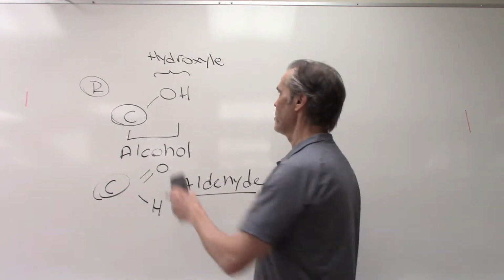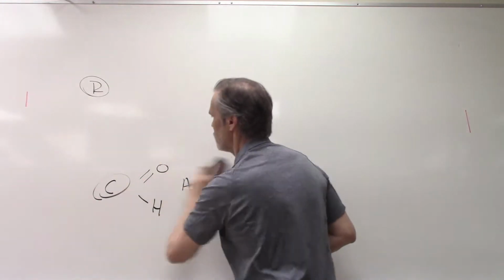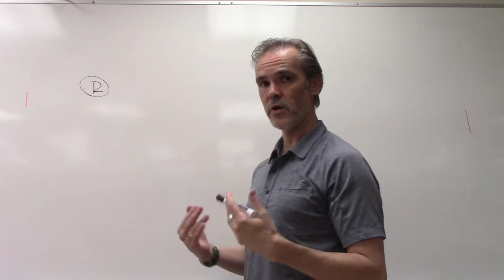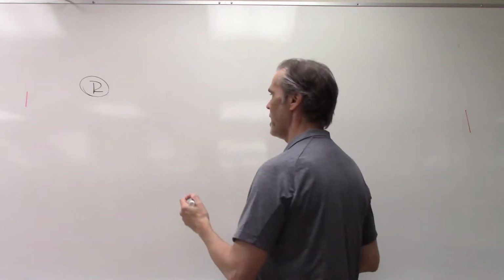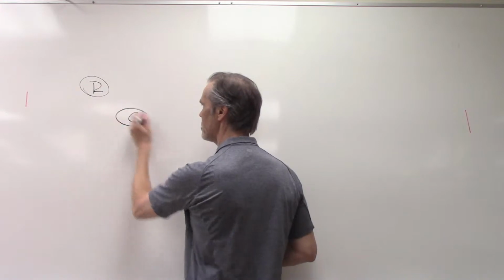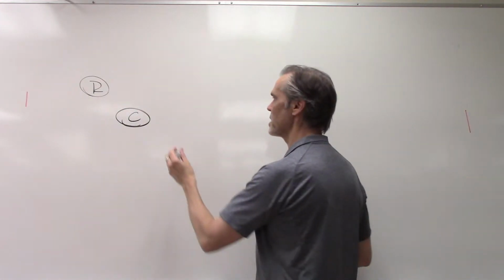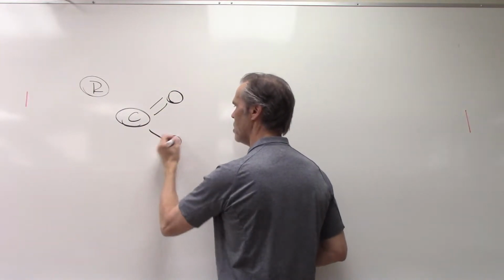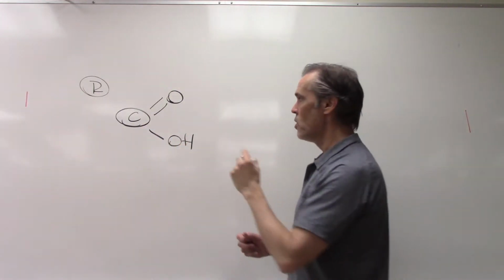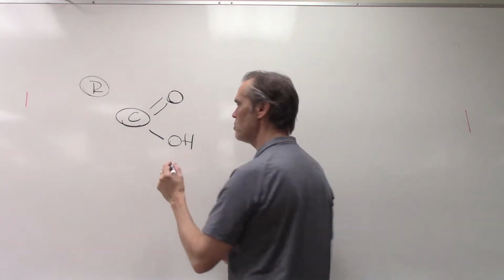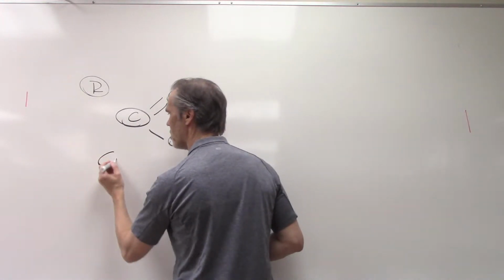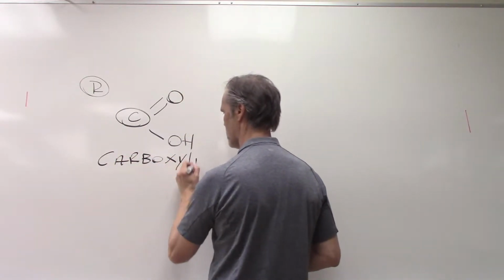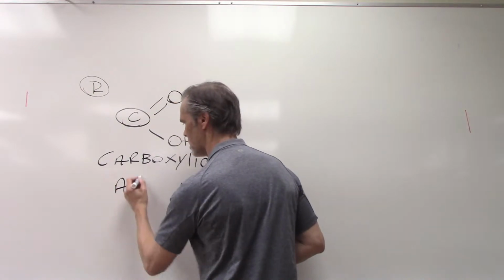Now let's look at another one. I'm going to remove those here, and we're going to look at another very important group. This group is attached to a carbon, and if we have something like this, O, and then OH, this is known as a carboxylic acid group.